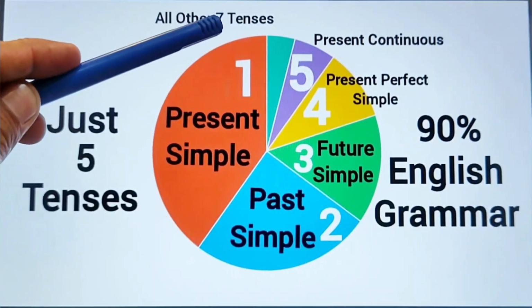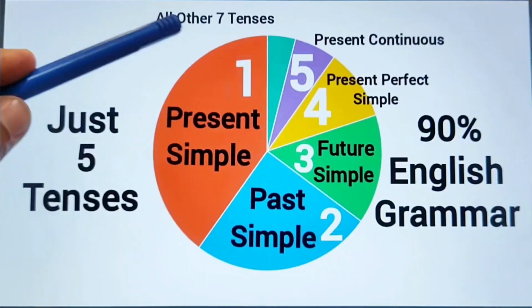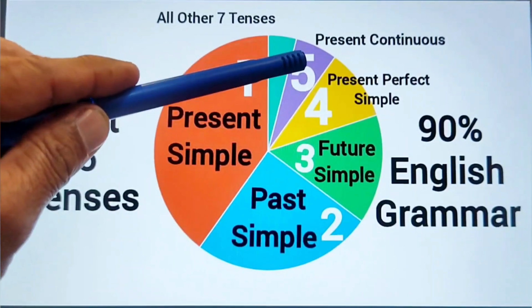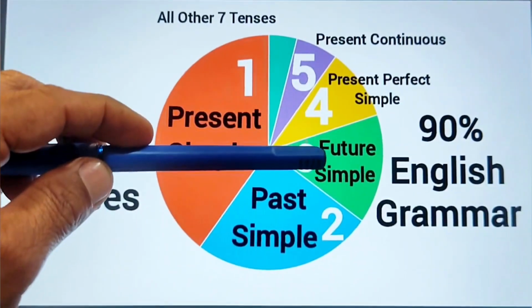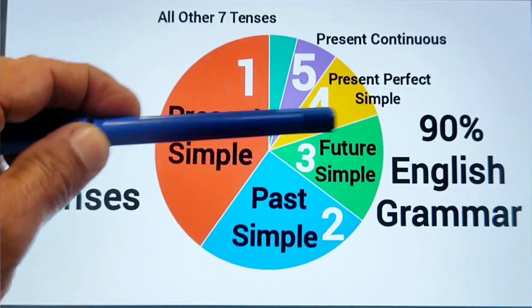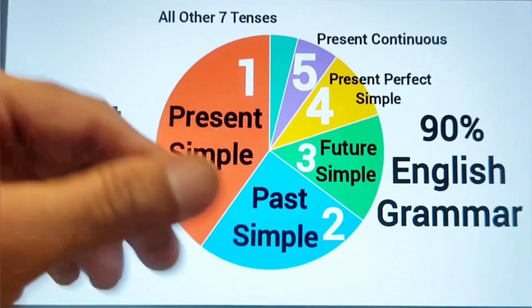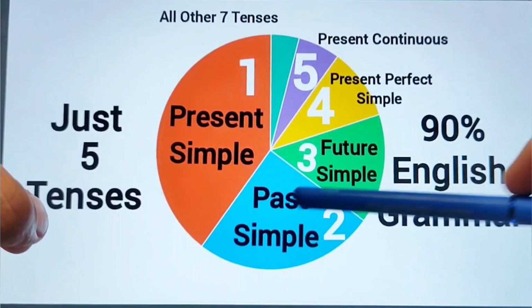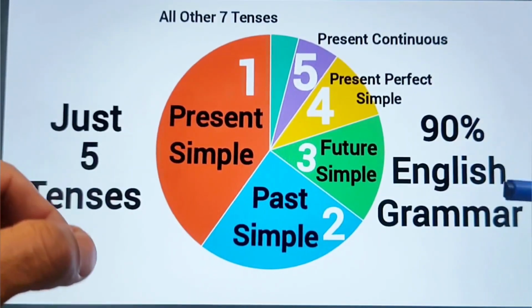It is very rare to use them. We use these 5 tenses most of the time. If you cover these 5, then it's very easy for you to understand English. So let's cover all these 5 tenses one by one.